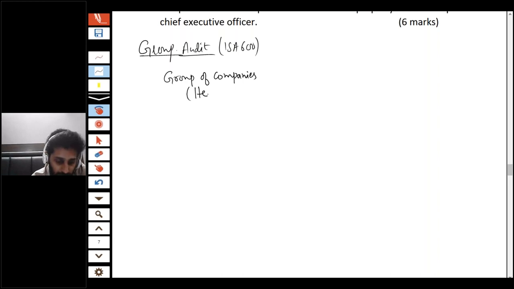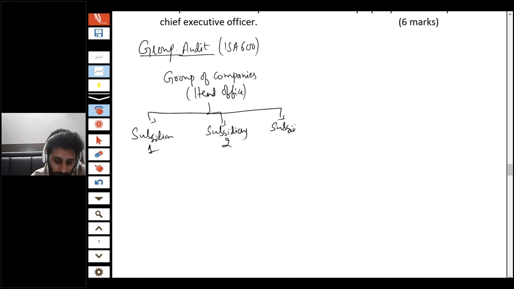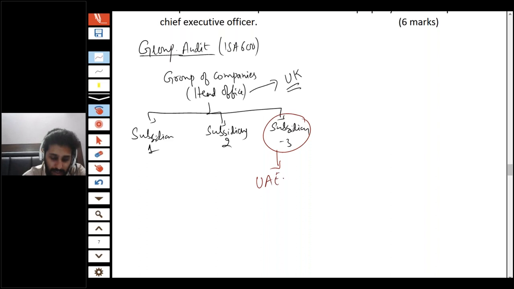There would be the head office, and there would be subsidiary number 1, subsidiary number 2, subsidiary number 3, let's say, and this head office is in the UK, United Kingdom, and this subsidiary is, let's say for example, in UAE, and you are the group auditor.